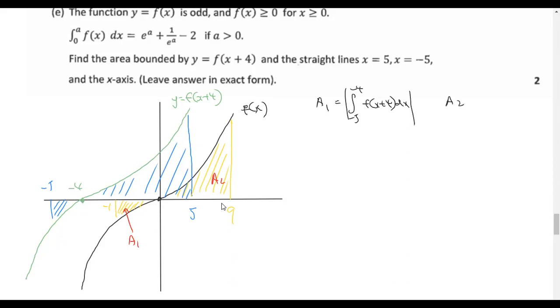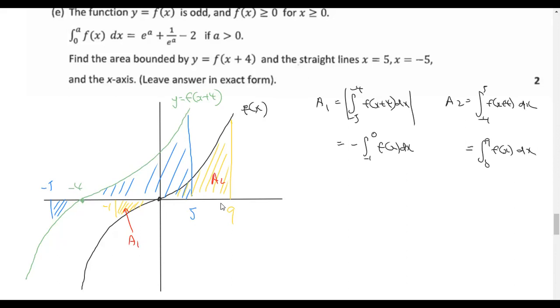And area 2 is the integral from negative 4 to 5 of f of x plus 4 dx. But that's really equivalent to the negative of the integral from negative 1 to 0 of f of x dx, and this is equal to the integral from 0 to 9 of f of x dx.